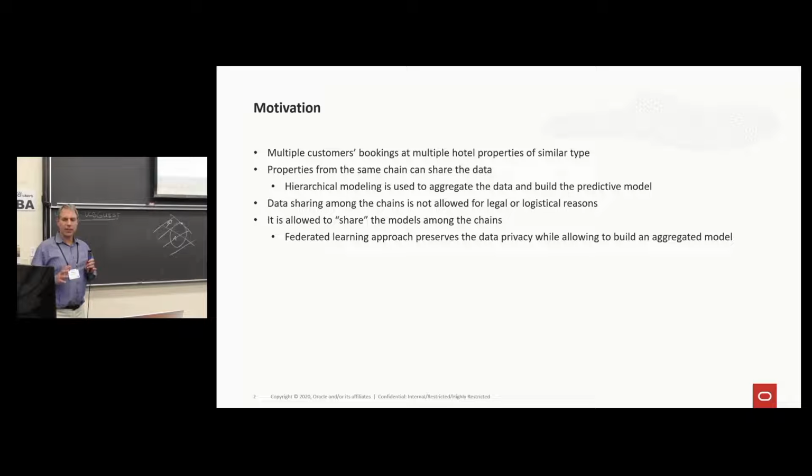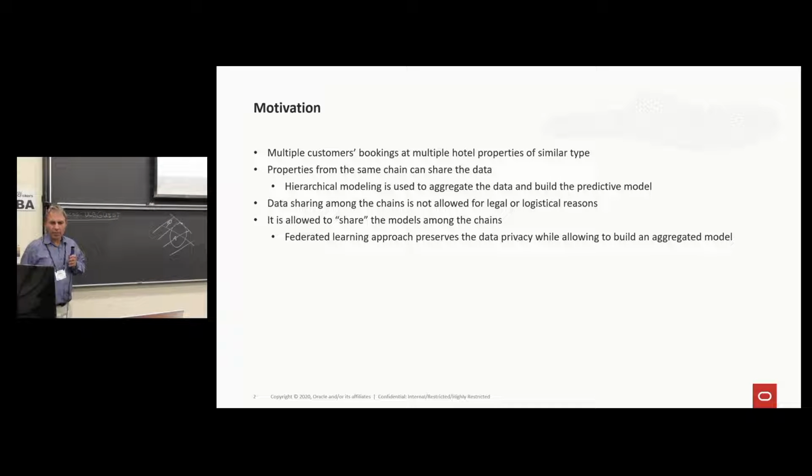First, some differences among the properties, and second, that not all properties want to share their data. For example, you have Hilton properties and Marriott properties across the street. Hypothetically, they don't want to share their data, either because of the ownership, or it is logistically difficult because they're in different areas of the cloud services, or maybe on different services or something else.